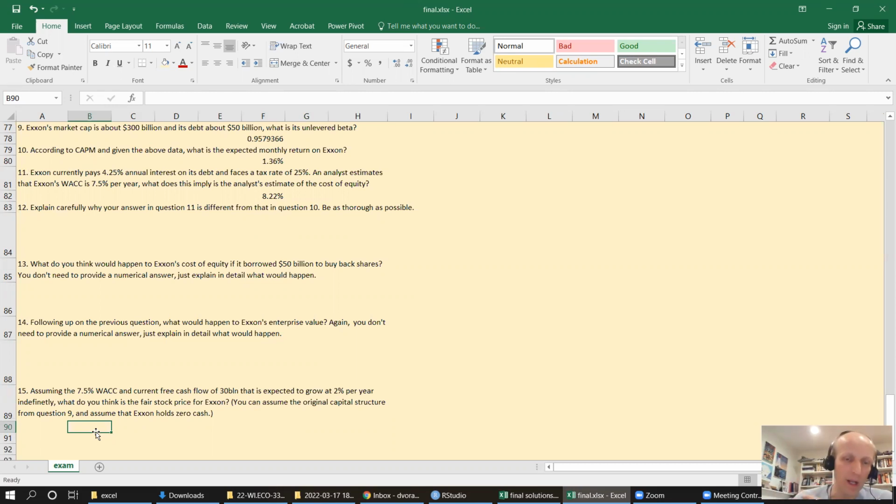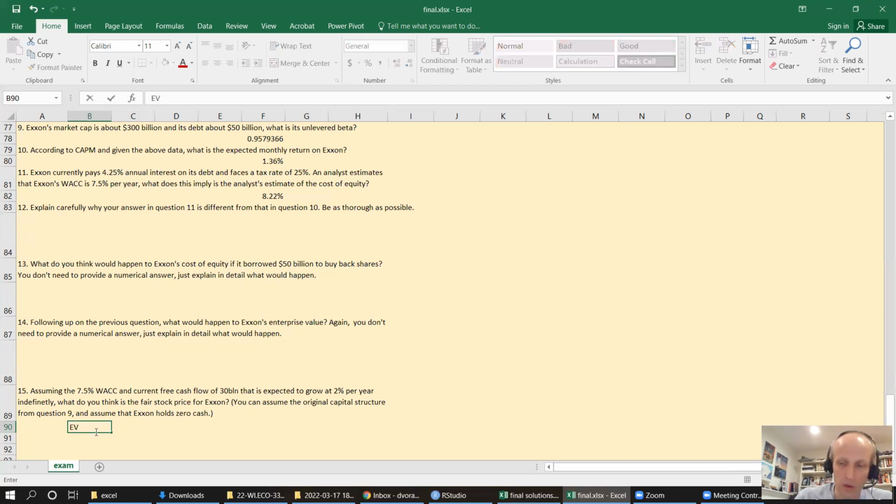We expect it to grow at 2% per year indefinitely. So what is the value of that company? This is just like when we did a discounted cash flow model, except here we don't have to make any projections for year 1, 2, or 3. We essentially jump right into the terminal value, because we think that from now on things are going to be constant.